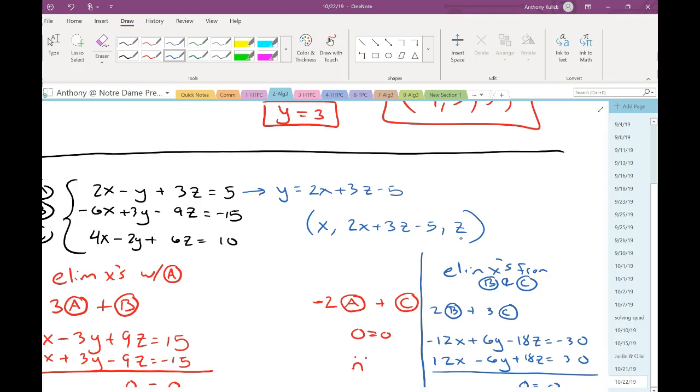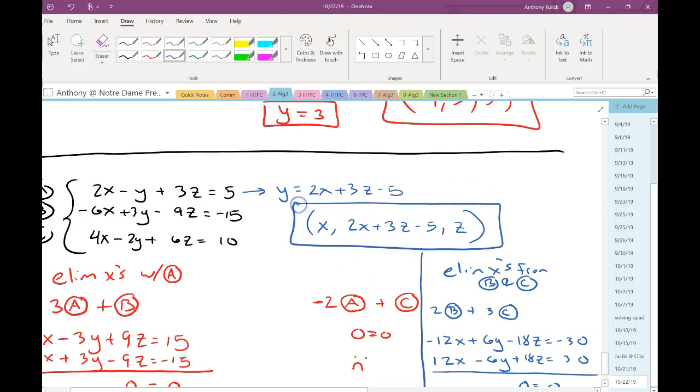So the way that we'll find our infinite number of solutions is you get your choice of x and z, and then we'll find our y as a result. This is usually not the case. More often than not, when we get infinitely many solutions, we're only going to depend on one of the 3 variables rather than 2.